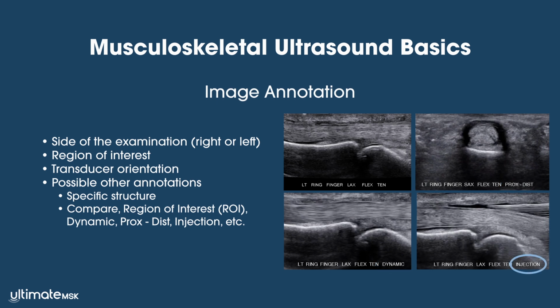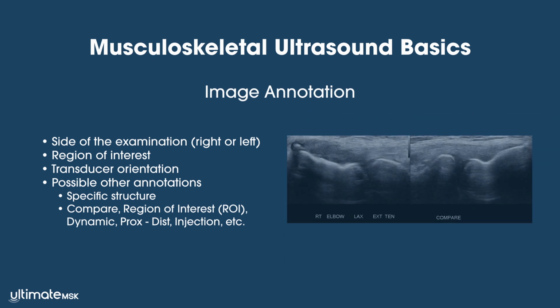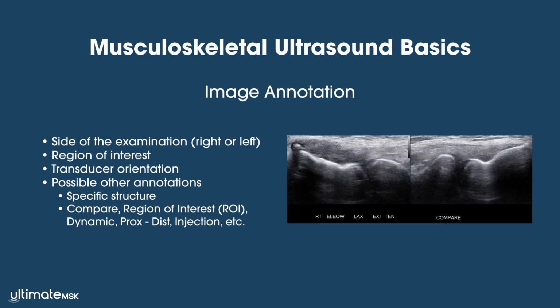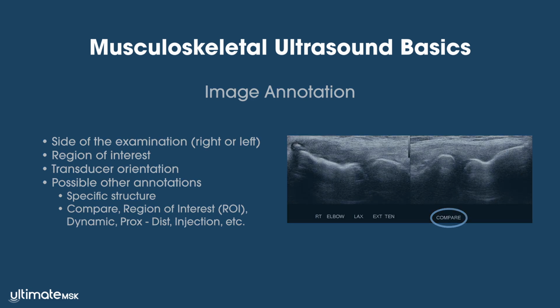For the injection, I also labeled the cine clip appropriately. If a cine clip is captured during the injection, then I may not include post-injection images depending on the circumstances. In another case involving a lateral elbow evaluation, I obtained and labeled a contralateral comparison view.